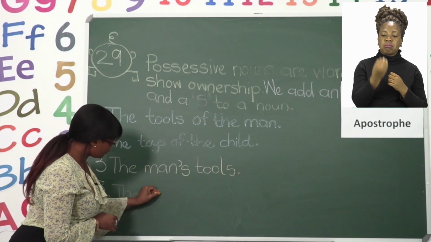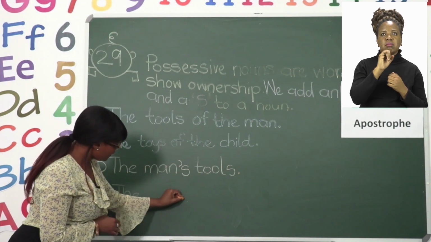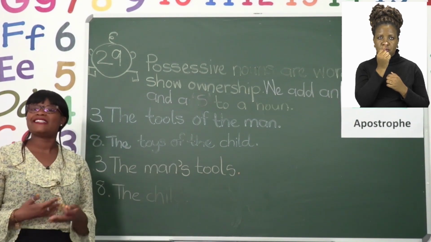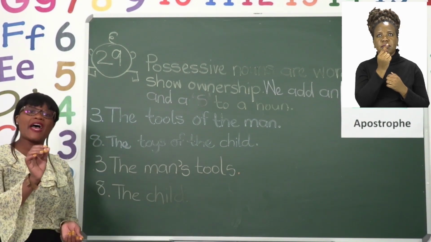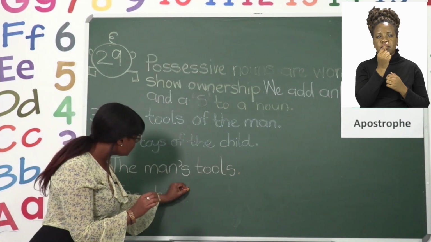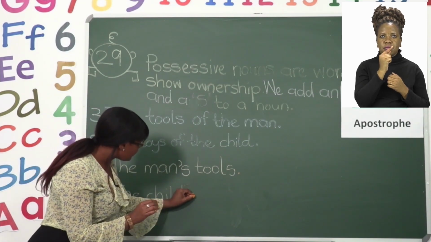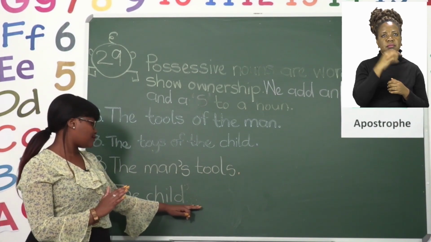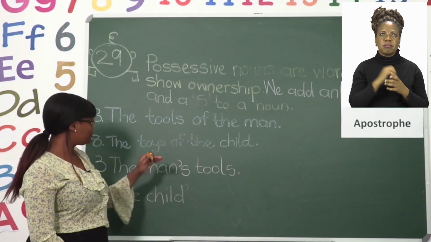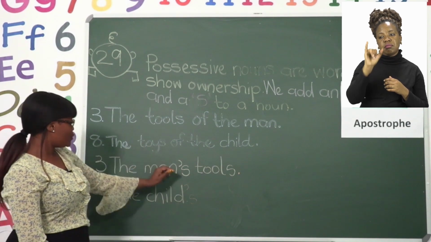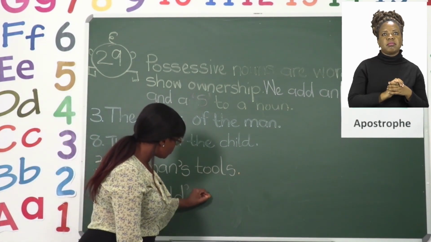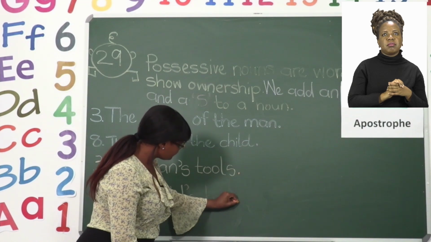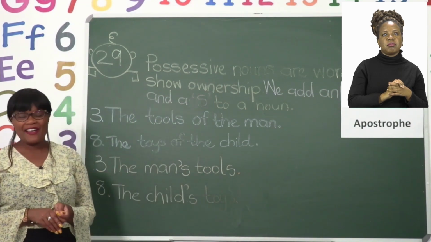So we'll take the word child, and then to change the noun into a possessive noun, we need to add our apostrophe and our S. Now we have child's. Child's what? Toys. So we'll write our word toys. And there we have it.